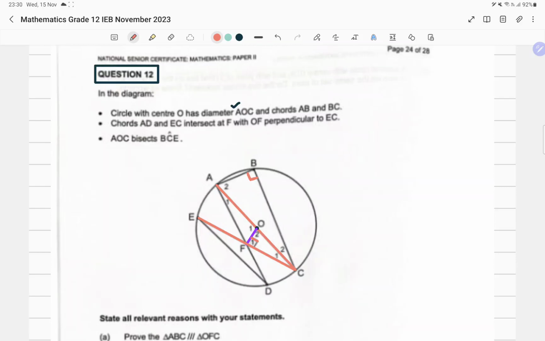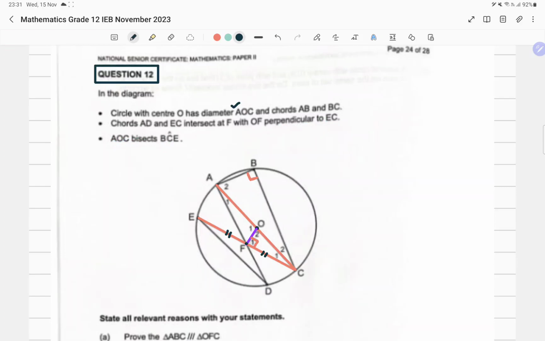If this is perpendicular to chord FC, it simply means EF is going to be equal to FC. Line from center perpendicular to chord actually bisects the chord at point F. Okay, all right, okay. So we are told here chords AD and EC intersect at F with OF perpendicular to EC. Okay, that's what we just said.